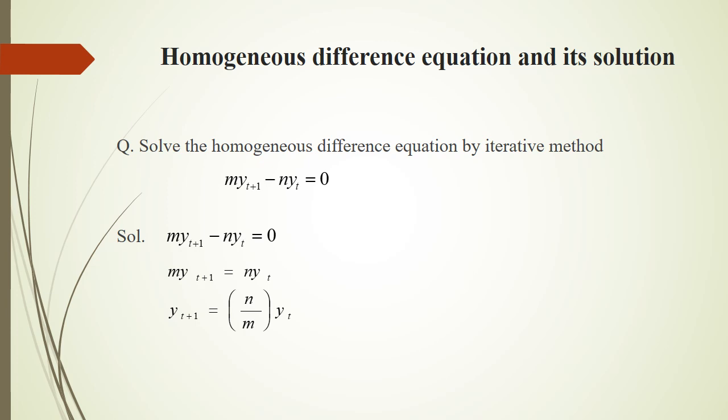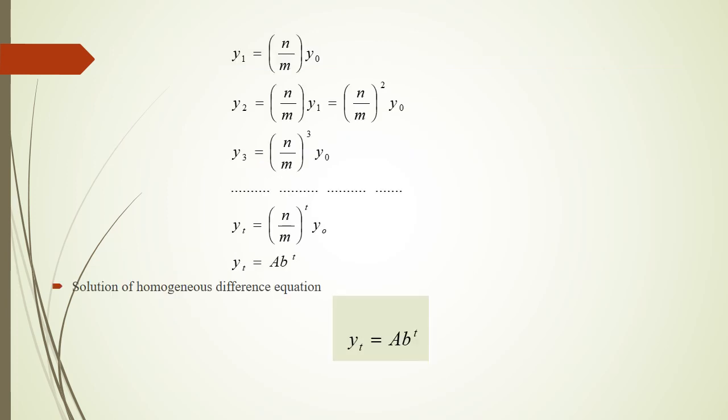Now we will apply the iterative method to this. Using the iterative process, replacing t plus 1 by 1, you will get y1 equal to n by m y0. Similarly for y2, it will first come in the form of y1, then replacing the value of y1, you will get n by m square y0.